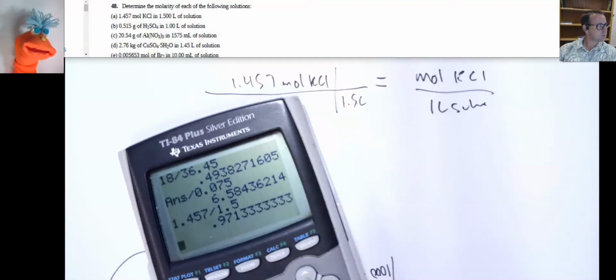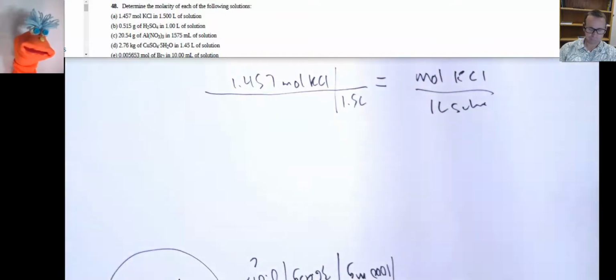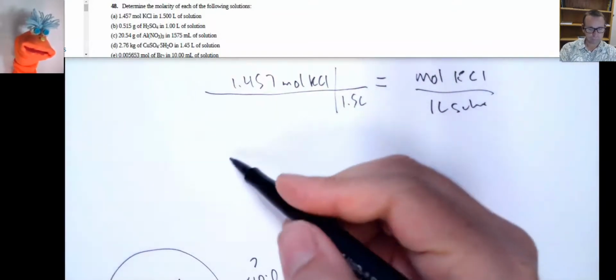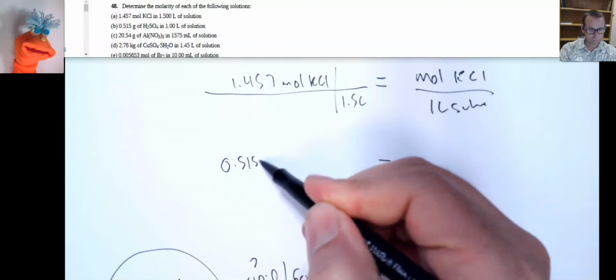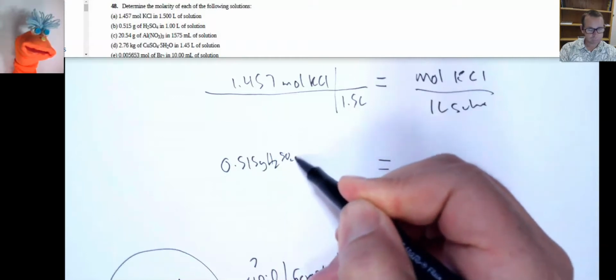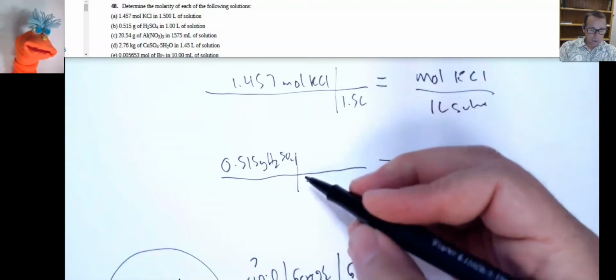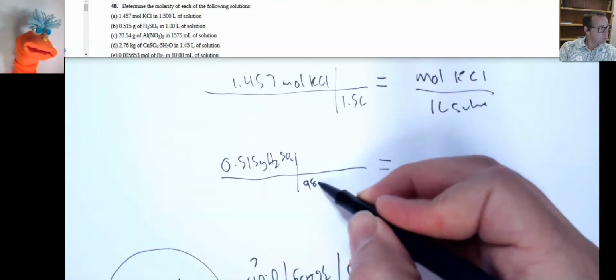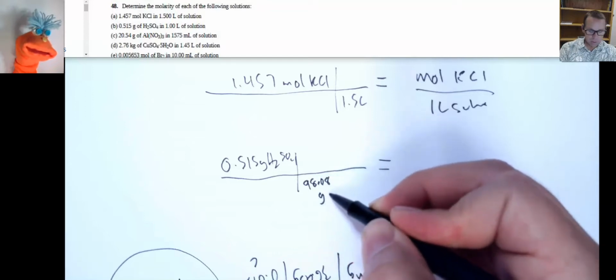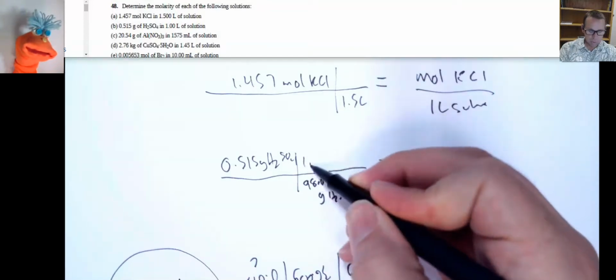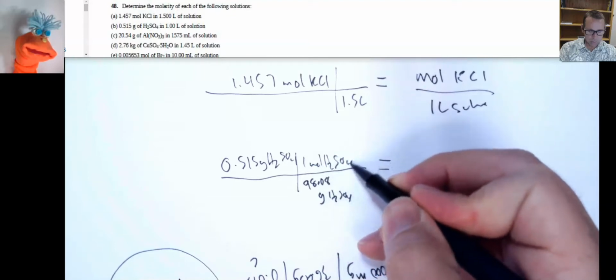So molar mass of sulfuric acid is what we're going to look for, right? Molar mass of sulfuric acid, 98.079. Sulfuric acid, known in antiquity as oil of vitriol, is a mineral acid composed of the elements sulfur, oxygen, and hydrogen. So I go 98.08 grams of H2SO4 for every 1 mole of H2SO4.